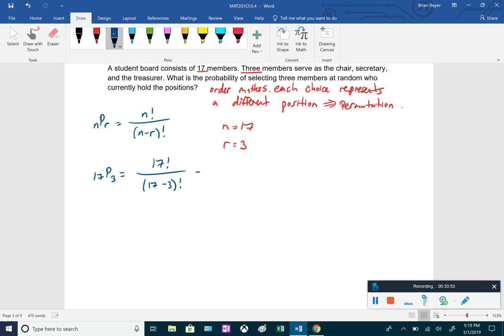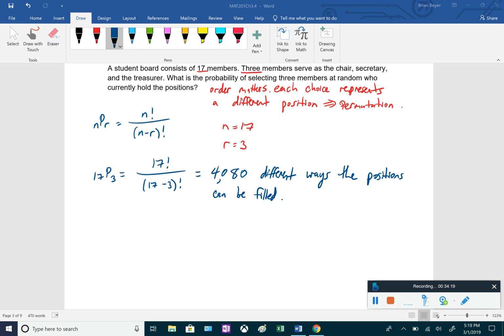That's 17 factorial over 14 factorial, which is 17 times 16 times 15, which is 4,080. So what this means, what we just found, is there's 4,080 different ways the positions can be filled. So there's 4,080 different ways that you can guess the positions.